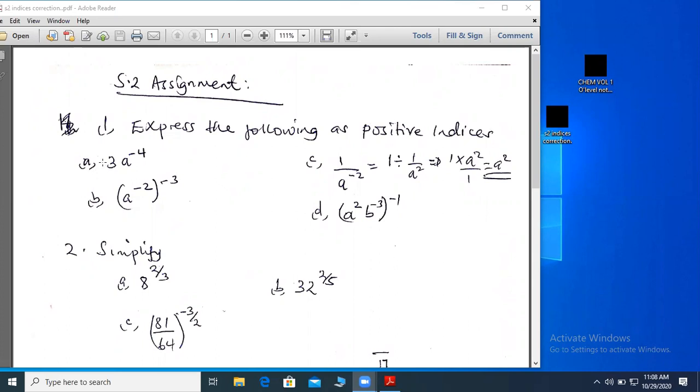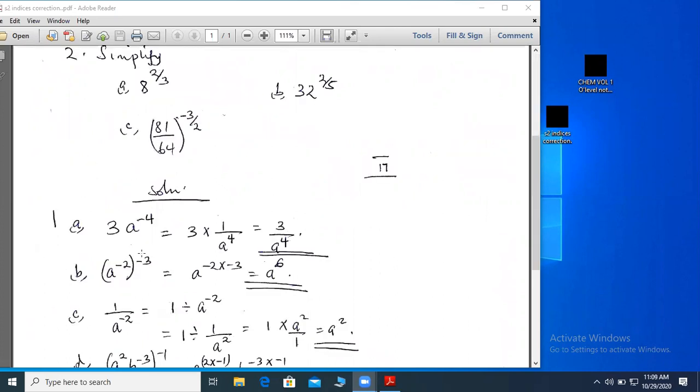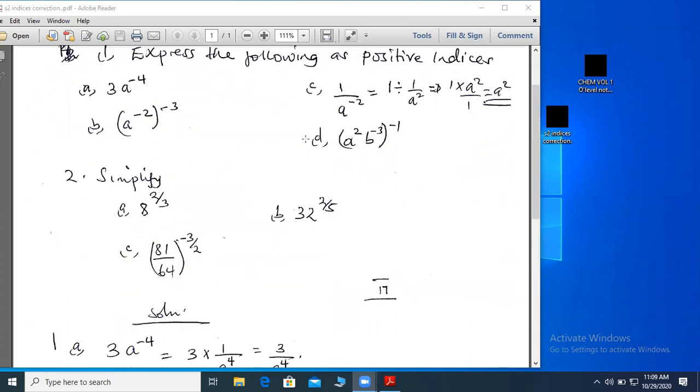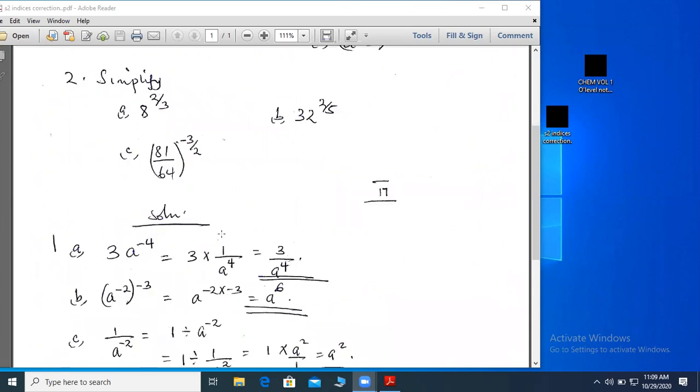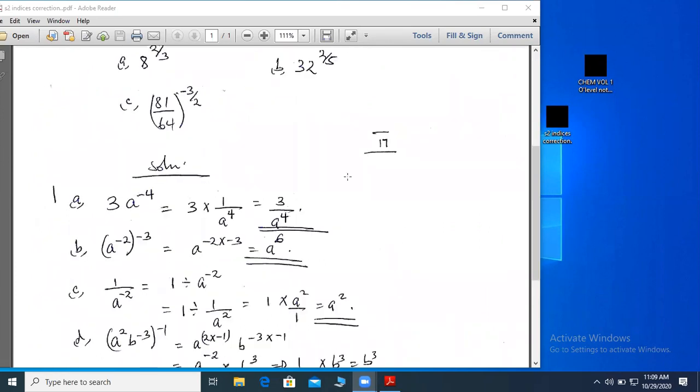Number 3, part A. I wanted you to simplify or express as positive index, and we had 3a to the power negative 4. 3 is a constant, so it is 3 multiplied by a to the power negative 4.